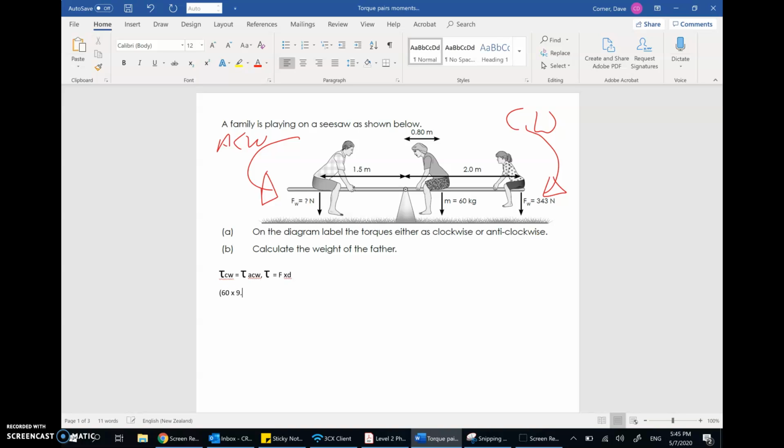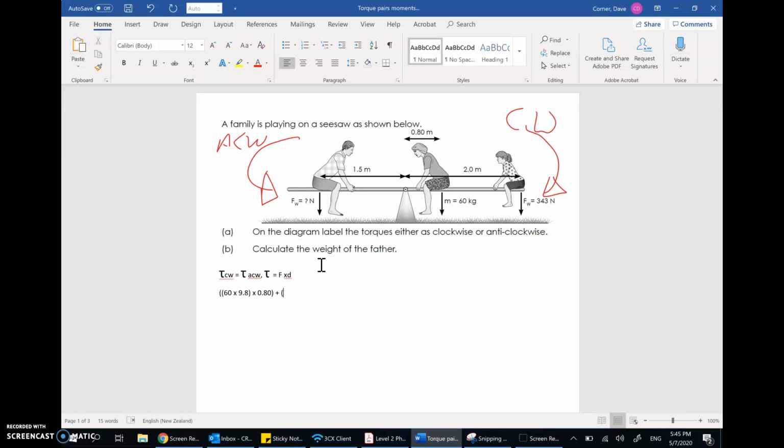Multiply that by 9.8, the acceleration due to gravity, and multiply that by her distance to the pivot, which is 0.8 meters. We're going to add to that the torque caused by the daughter because she is also creating a clockwise torque.